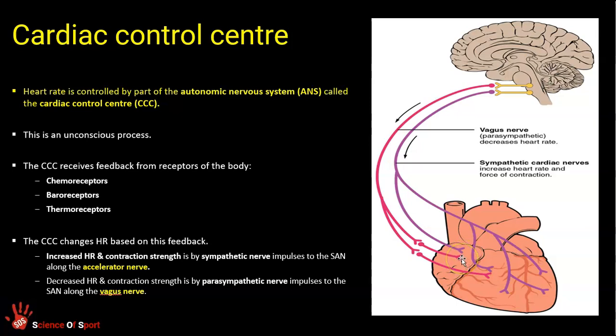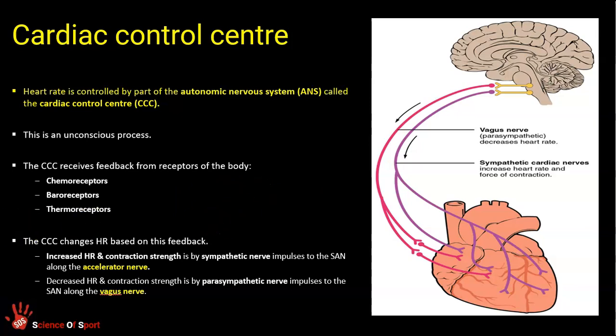It will slow heart rate. So the vagus nerve decreases heart rate, the accelerator nerve speeds up heart rate. The vagus nerve is a parasympathetic nerve. The sympathetic side speeds up, the parasympathetic side slows down. I think that's pretty much what we need to know.